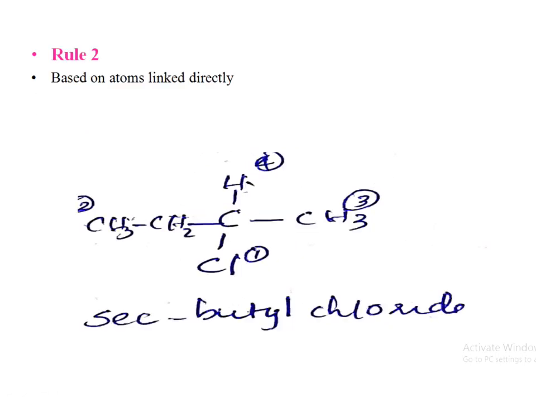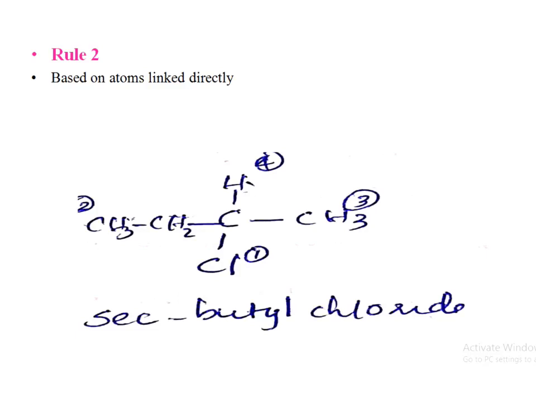Next is rule 2, which is based on the atoms linked. See here, we consider the two groups attached to the carbon atom, CH3 and C2H5.